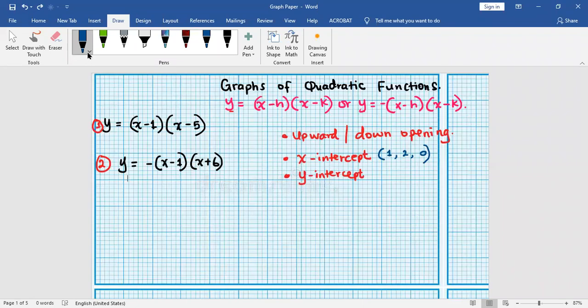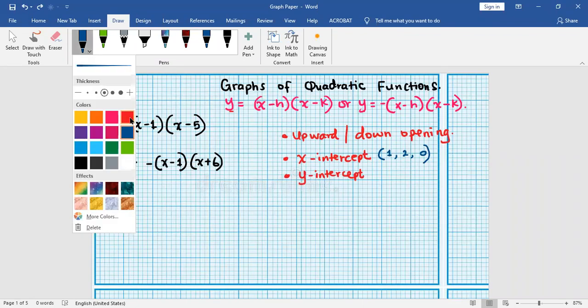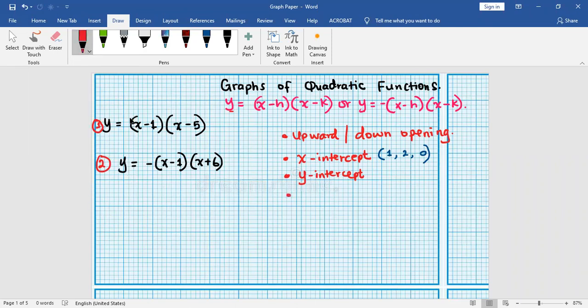Then another thing that we also looked at is what we called the line of symmetry. Now, the line of symmetry, we said that it is that line that divides the curve into 2 equal parts.